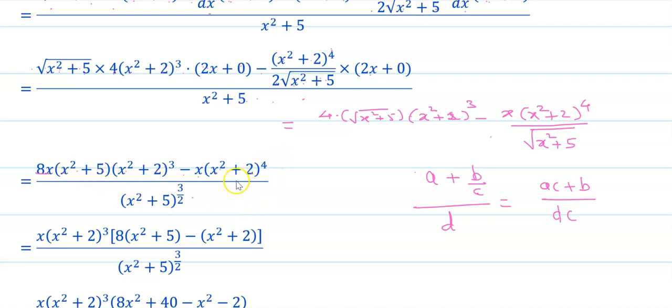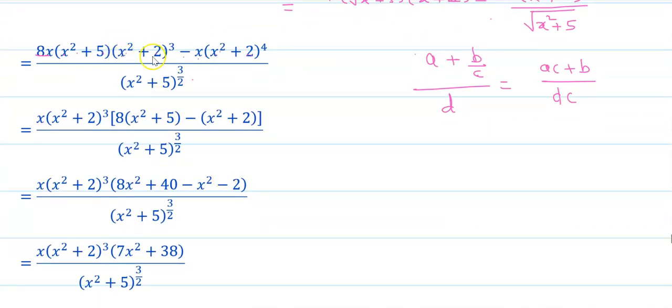Now from these two terms, what is the common? (x square plus 2) raised to 3. This is the minimum. Here the 4th power is there, so which is the minimum? It is 3. Therefore we take (x square plus 2) raised to 3 as common. Here x is there, here x is there, that we also take as common. That is x into (x square plus 2) raised to 3. Now which terms will remain here? 8 will remain here, (x square plus 5) minus next (x square plus 2). Next simplification, x into (x square plus 2) raised to 3.